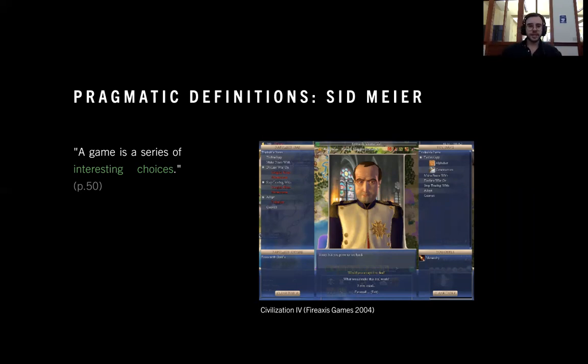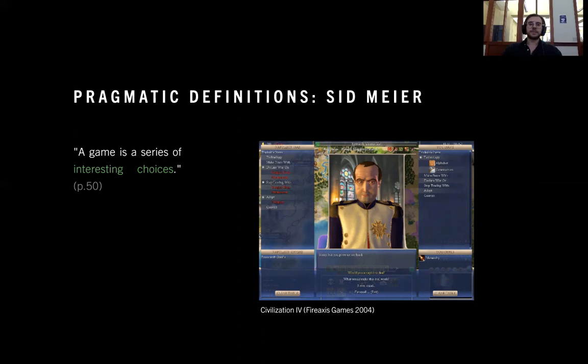These pragmatic definitions are more a way of looking at games that allows you to make better games. Pragmatic definitions are mostly used by game designers and are very fruitful in game design, and can also be very fruitful in game analysis, as we can see, but are more focused on the pragmatic nature of games. So what makes a good game and how can we make a good game?